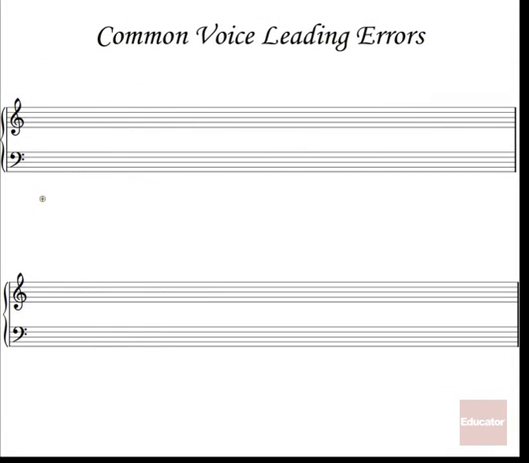Okay, so we've looked at different kinds of voice motion and some issues of spacing and ranges. So let's look at some common voice leading errors that might occur with these ideas in mind. The first one, going back to the idea of parallel motion, is parallel octaves.